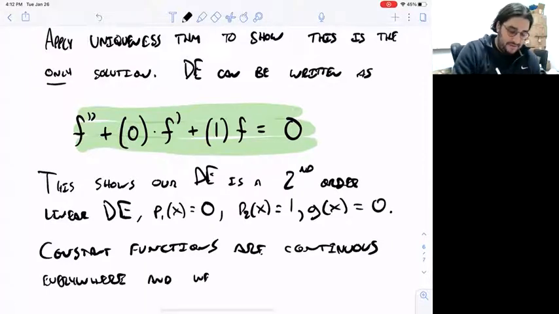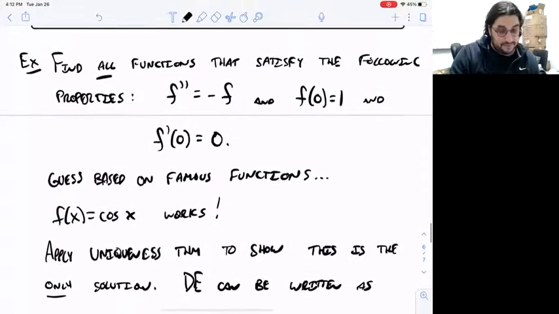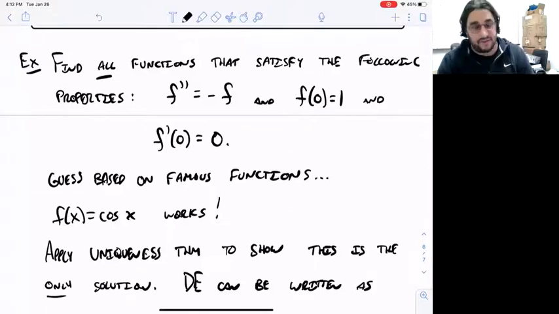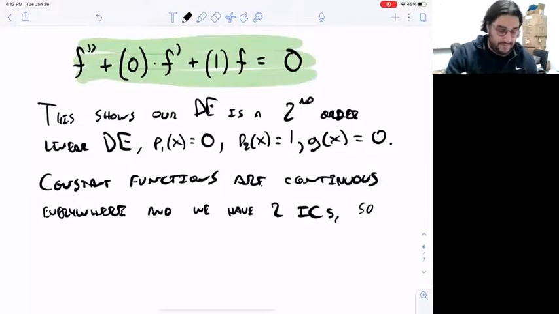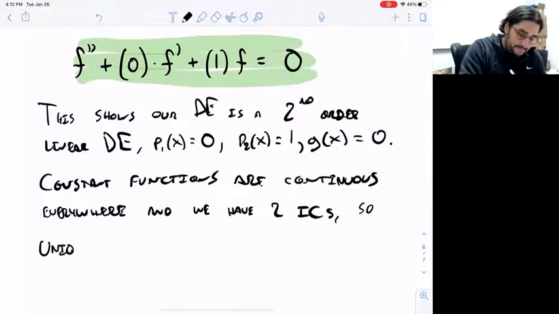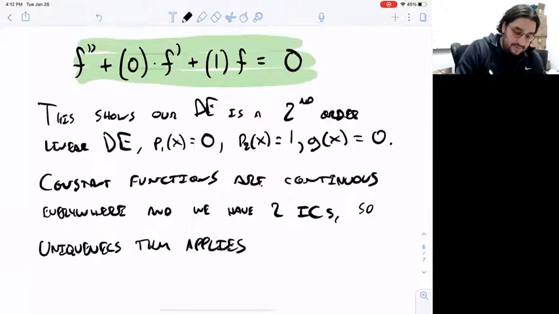And it's a second order equation, because it's a second derivative, and we have two given initial conditions. So the uniqueness theorem applies. This lets us conclude cosine is actually the only solution to that IVP.